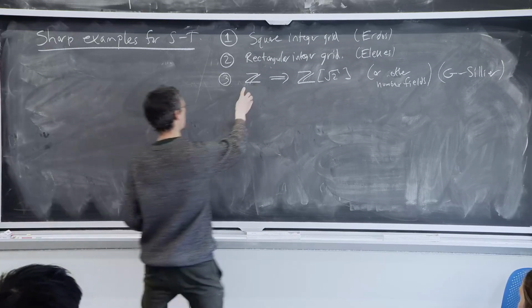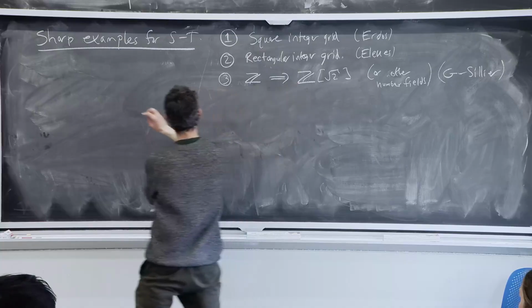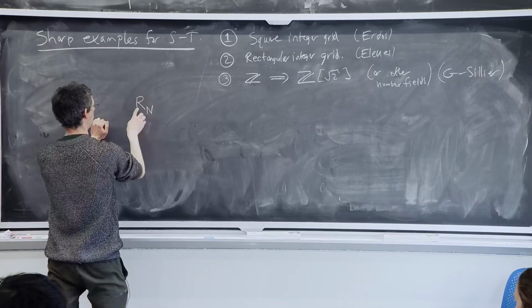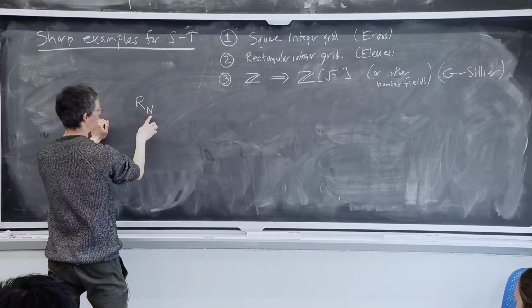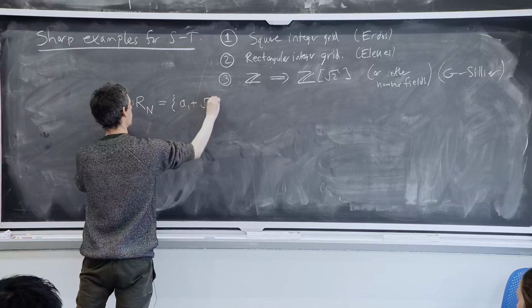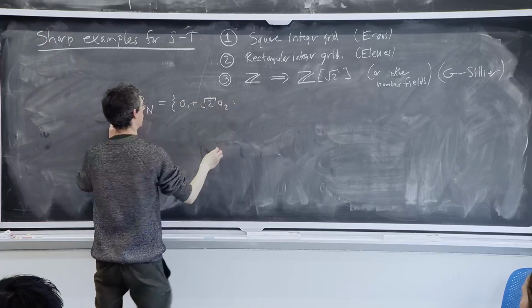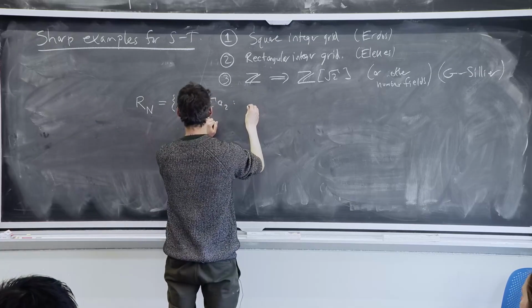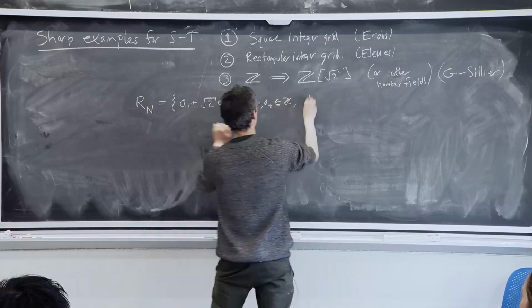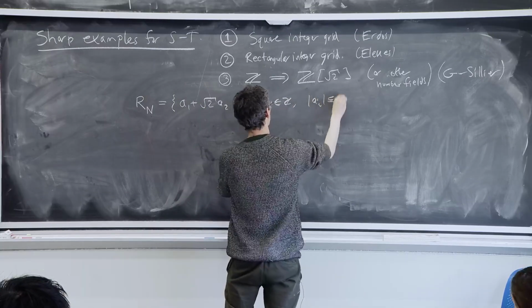OK, so let me say a little more precisely what this means here. So we would have a set in our ring of things of height up to n. So that would be the set a1 plus square root of 2 a2, with the property that a1 and a2 are integers of size up to n.